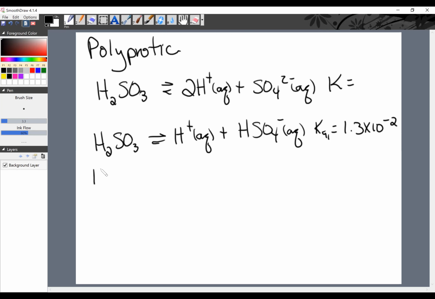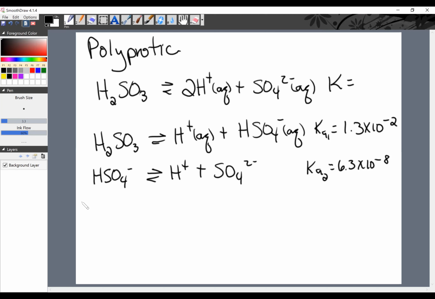And then if I take hydrogen sulfite ion, it can lose a hydrogen and make the sulfite, and its Ka is 6.3 times 10 to the minus 8th. Significantly weaker, significantly weaker. All right, well, that's interesting.